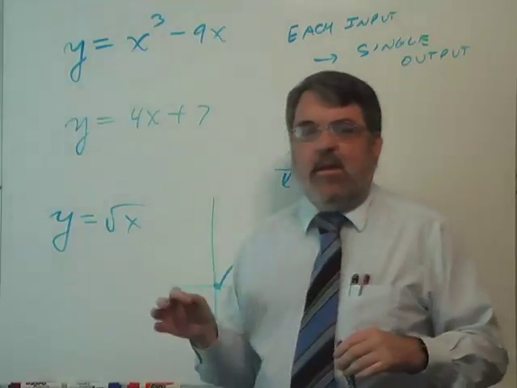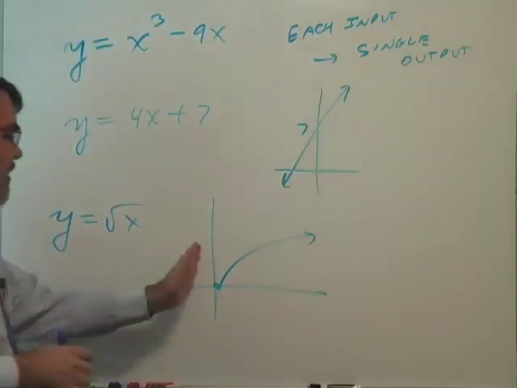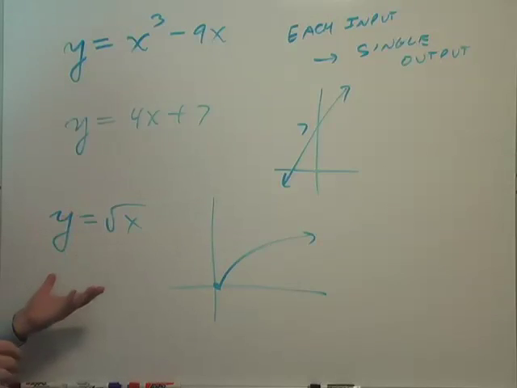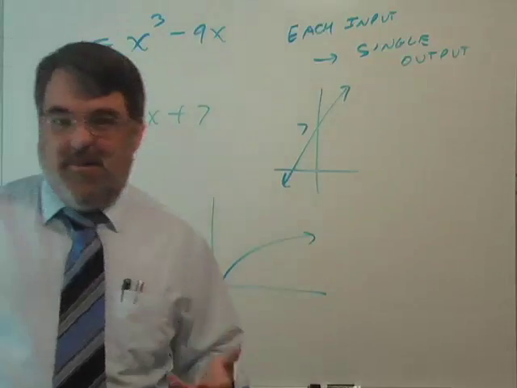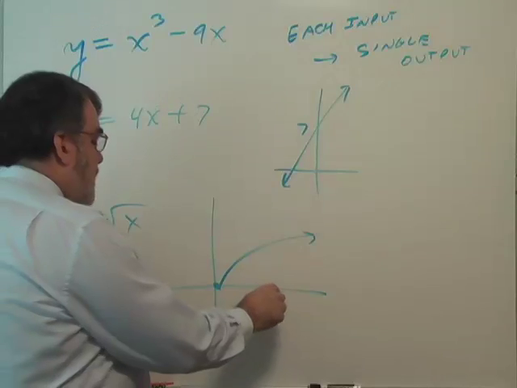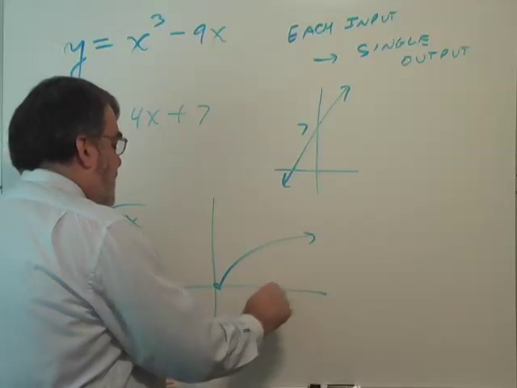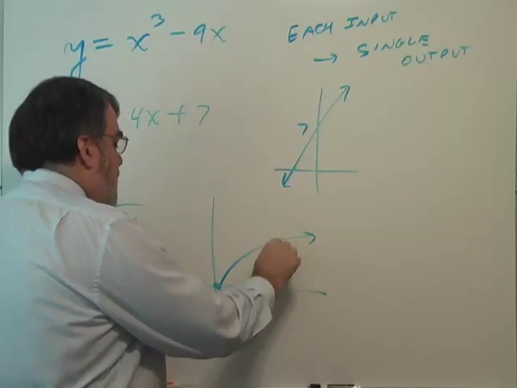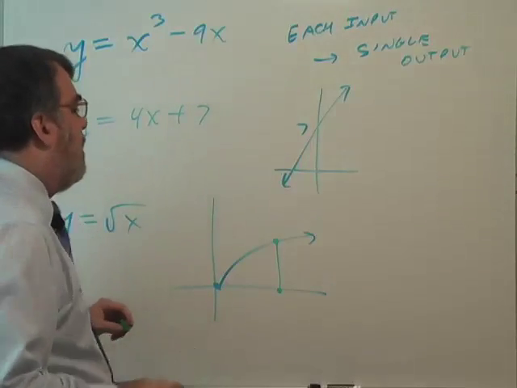So you could say that, well, okay, there are no input values to the left. Nevertheless, there are input values. So as long as there are input values, it might qualify as a function. This one is, because, again, every time you plug an x in, you can get a single y value up here.